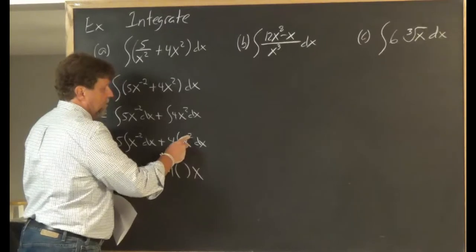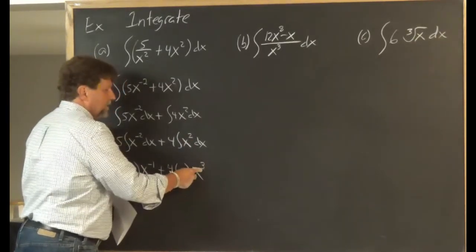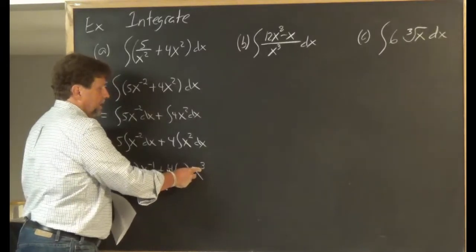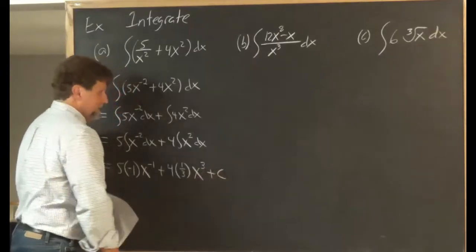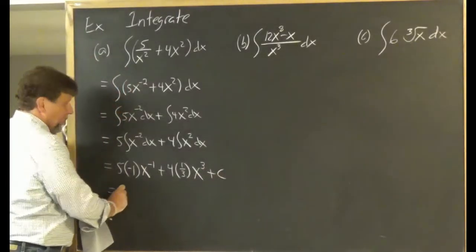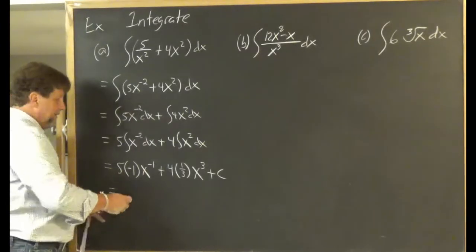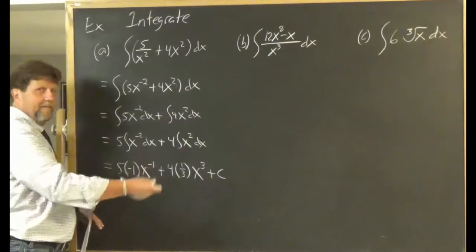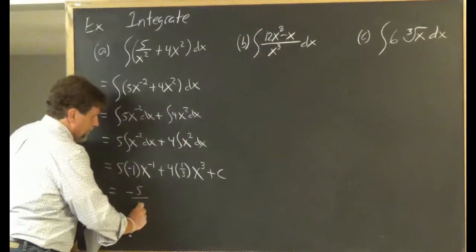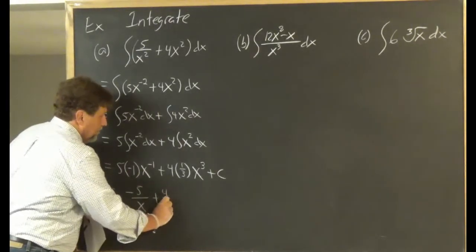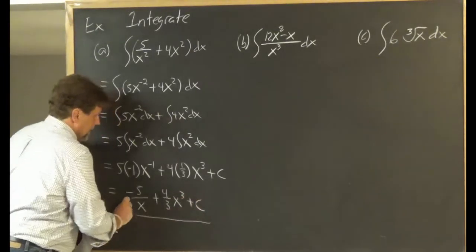When I use the power rule, I add 1 to get an exponent of 3. The reciprocal of 3 is 1/3. Don't forget to tack on a plus c. And then we could finish it off. We know 5 times negative 1 is negative 5, so we could write it as negative 5x to the negative first, or negative 5 over x, plus 4/3 x cubed plus c.